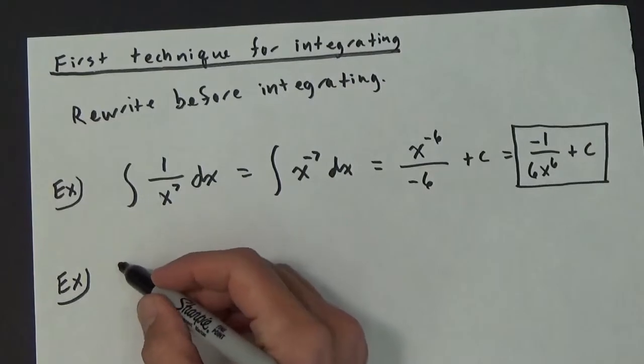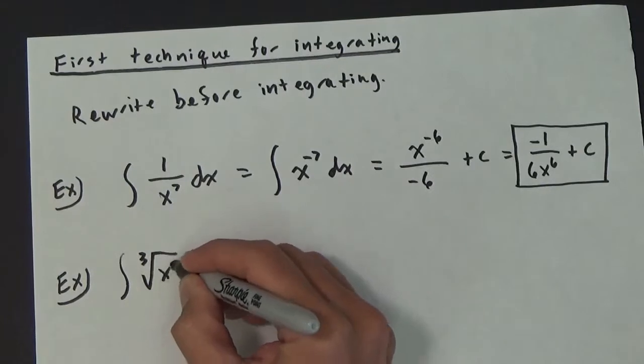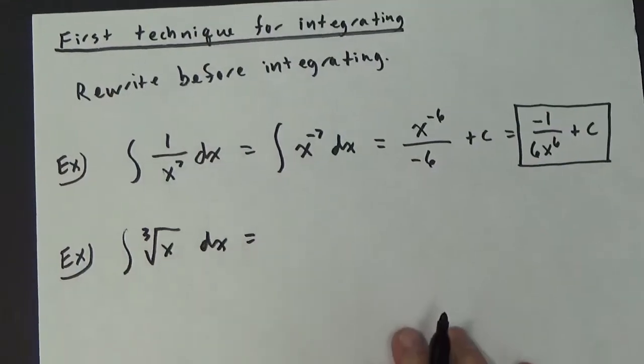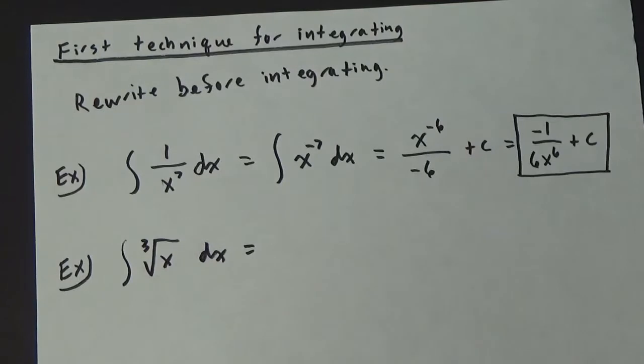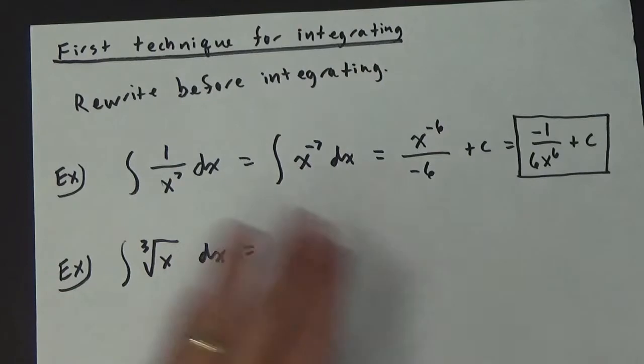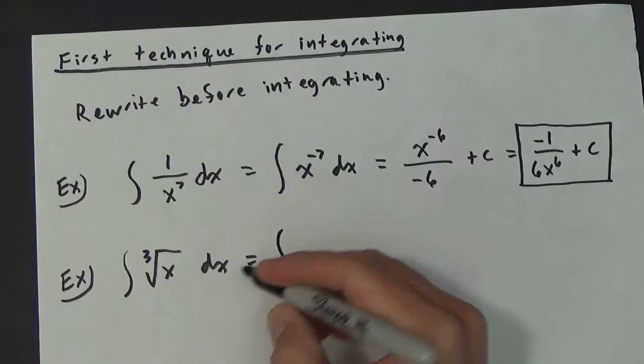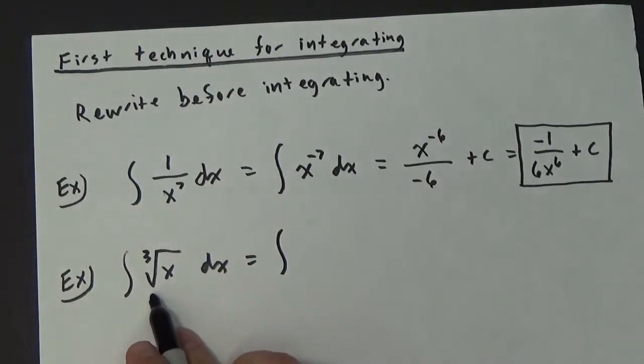Let's say we want the integral of the cube root of x. Now we're definitely looking at something where it's going to be pretty tough to look at it and figure out what function, when I take the derivative, gives me the cube root of x. I don't know if I would come up with that one. So let's rewrite. Remember, if you have a cube root, we can rewrite it to be a rational exponent.